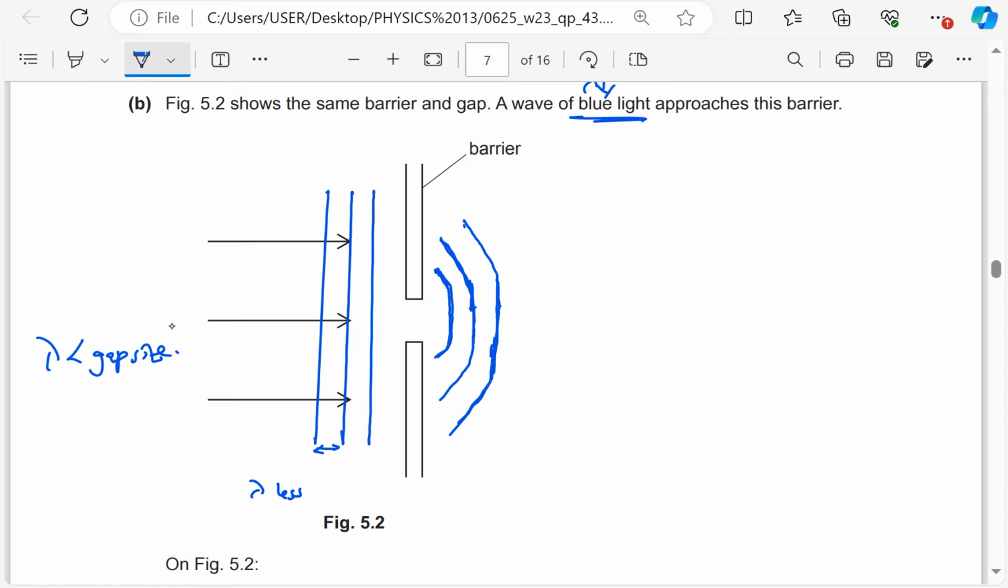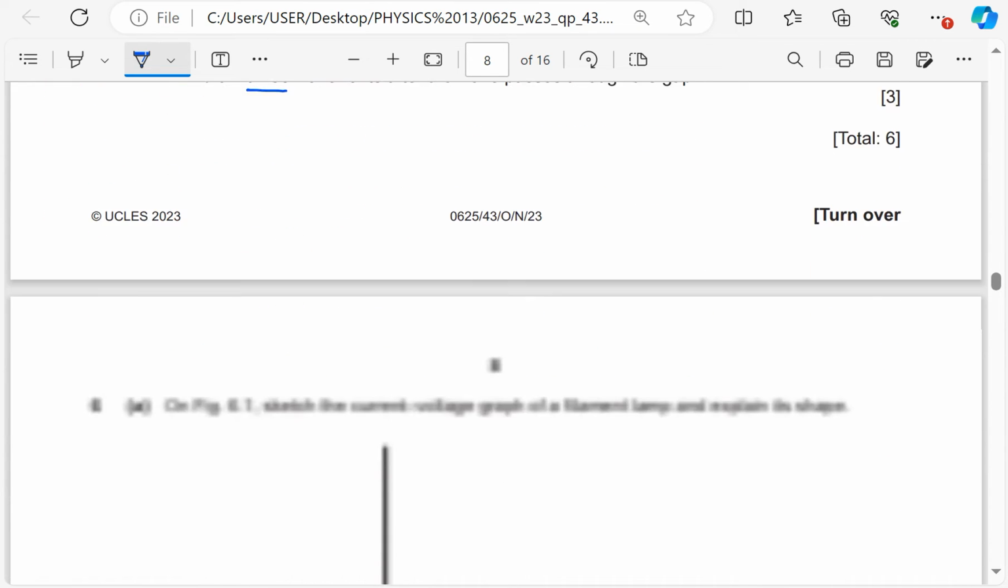I'm trying to aim at this distance being the same. Okay, so that is the diffraction pattern.